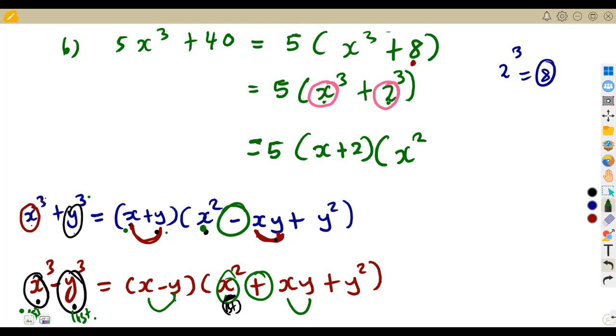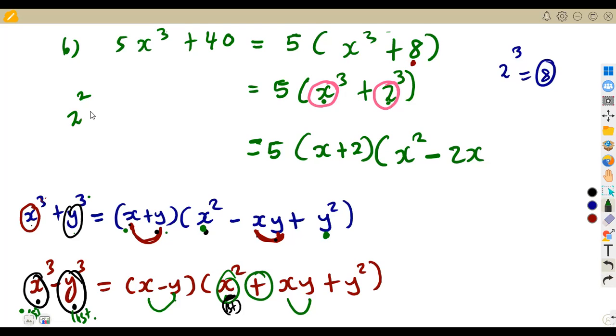Minus this time, because you are having a plus, you're going to subtract the product of first and last. So it's going to be the product of first and last, which is our first term x, our last term 2. So x times 2 gives us 2x. So that is going to be a negative 2x in this case. Then we move on to the last part, which is the last term squared. And our last term here is 2.